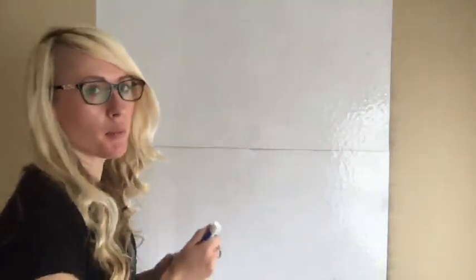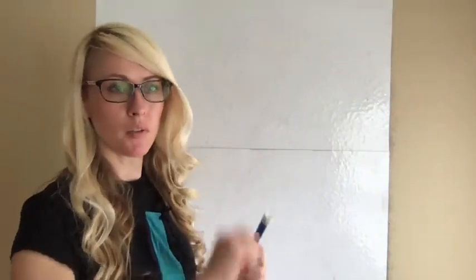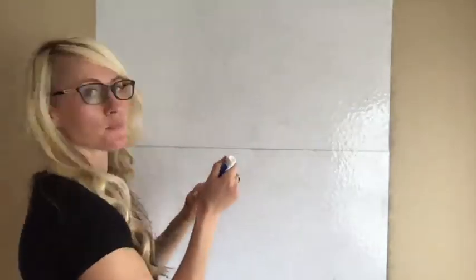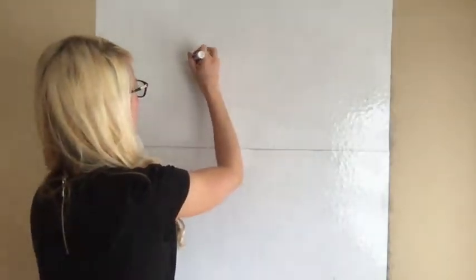Okay, so let's add on to our list of homophones that we have. I'm going to give you some commonly used homophones, okay? So you can follow along with me. You can also take some notes if you'd like. And I'm going to go ahead and write down.